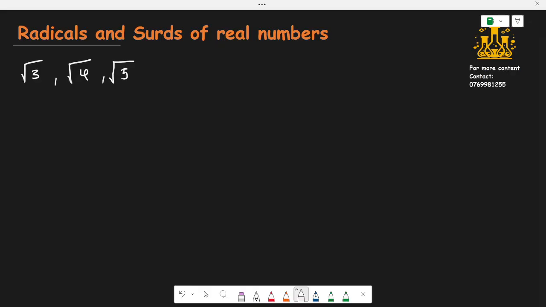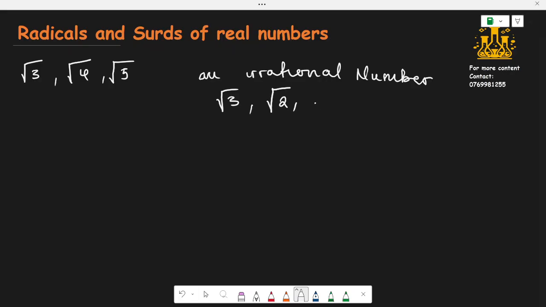But for surds, we say that a surd is a radical that represents an irrational number. For example, root 3 is a surd, root 2 is a surd, but root 4 is not a surd.